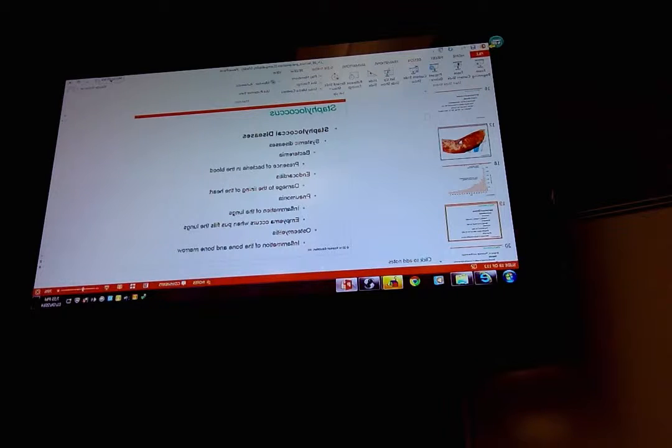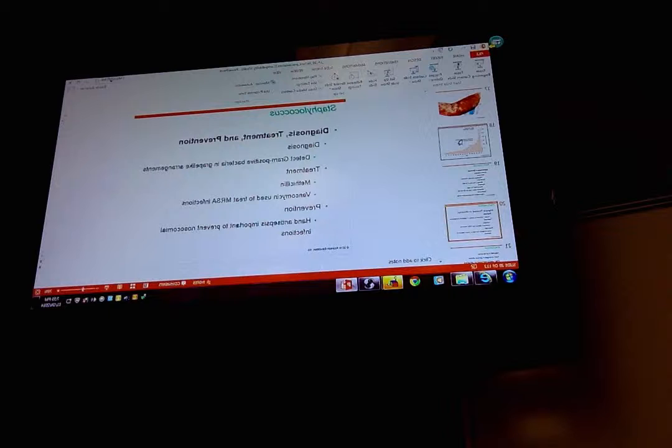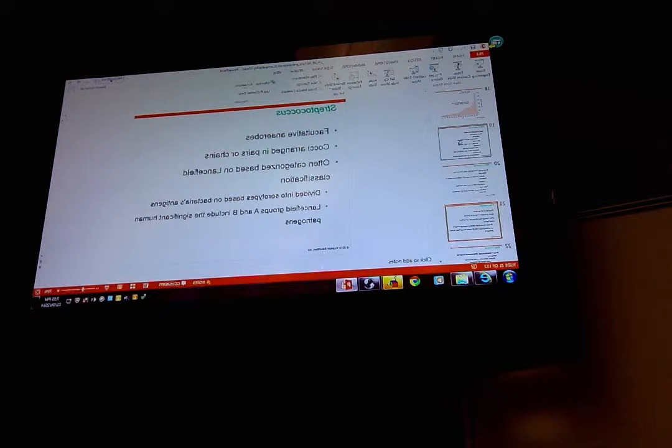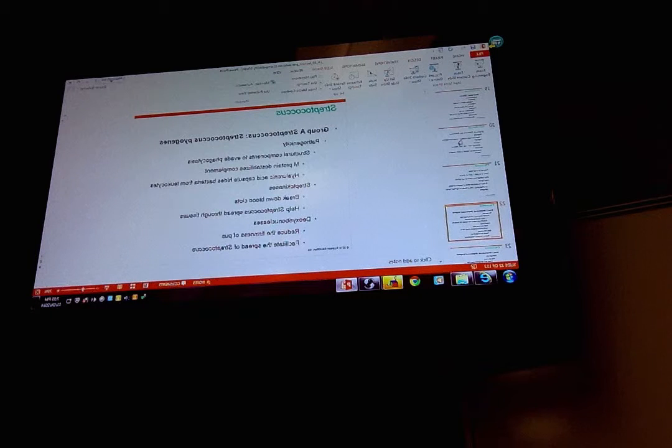Okay, I also would like for you to know the systemic diseases: what bacteremia is, endocarditis, pneumonia, osteomyelitis. We don't have to know about MRSA.